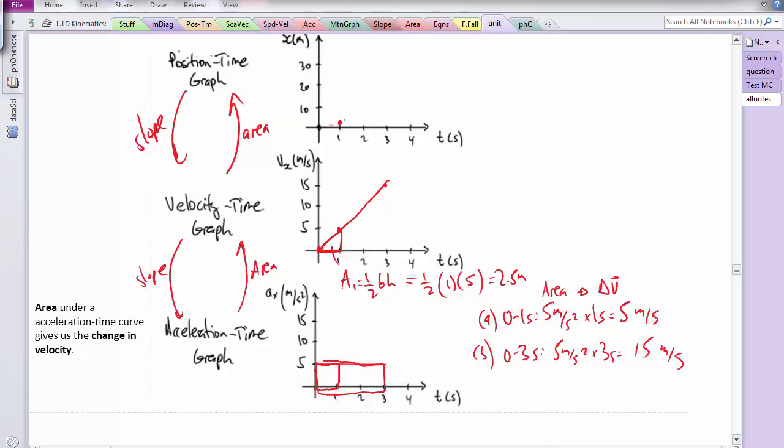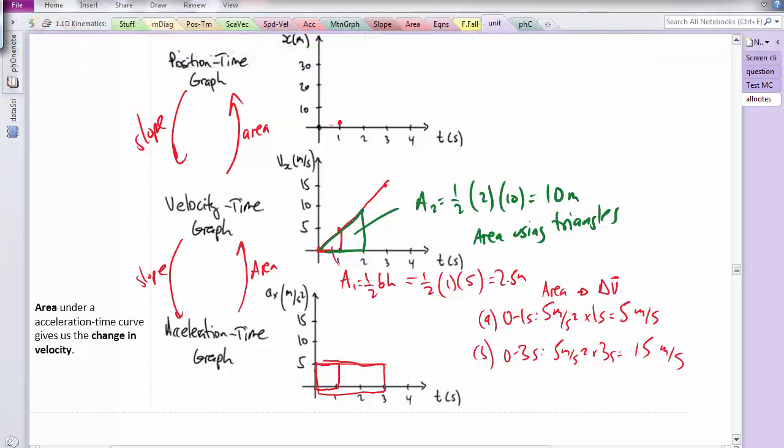And we could do the same thing for the first 2 seconds. Let's change the color here. We'll do 0 to 2. The area 2 here is 1/2 base, which is 2, times the height, which is 10, which gives us 10 meters. So here we're calculating area using triangles because that's the shape we get from underneath the graph.